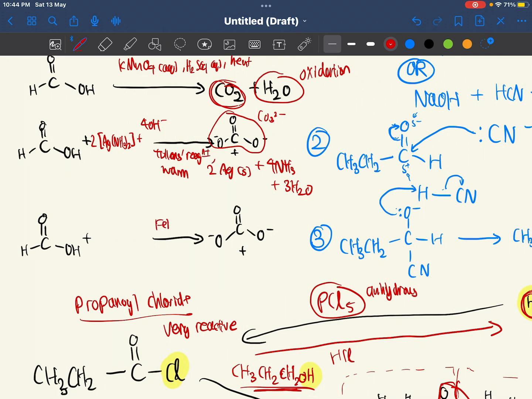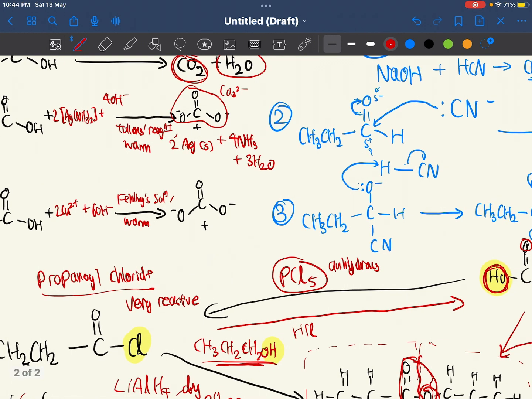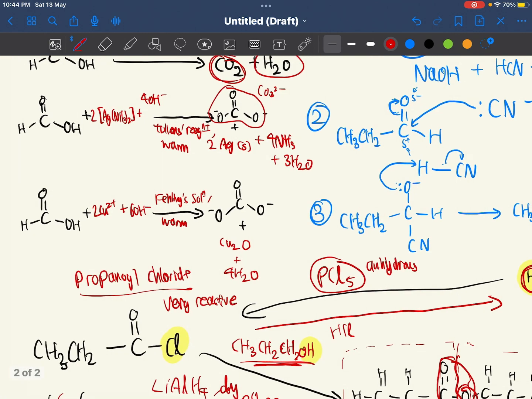Next we have our Fehling's solution and warm as well. So reagent and conditions: 2Cu2 plus, and you have 6OH minus. Okay, you have CO3 2 minus again, you have our Cu2O, and you have our 4H2O. Yep, so that's how it formed.